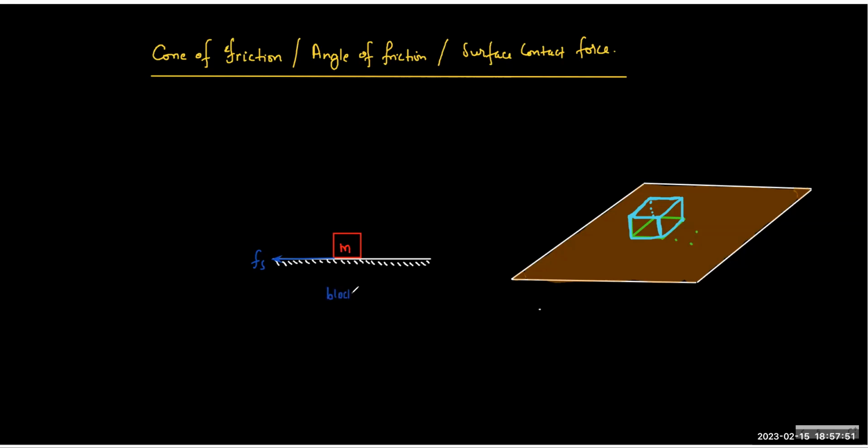So the friction will act horizontally anywhere. I'm just showing you one of the directions, and the normal will act upward. This time I'm drawing the normal like this.